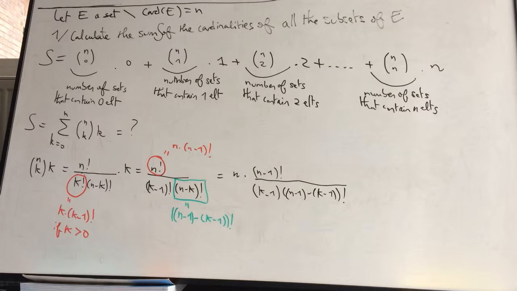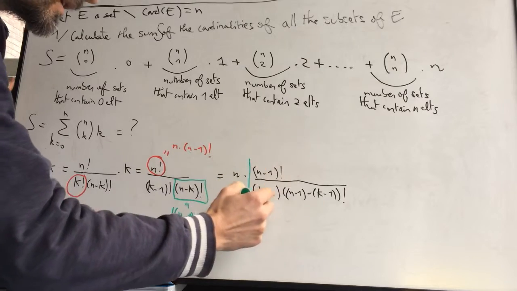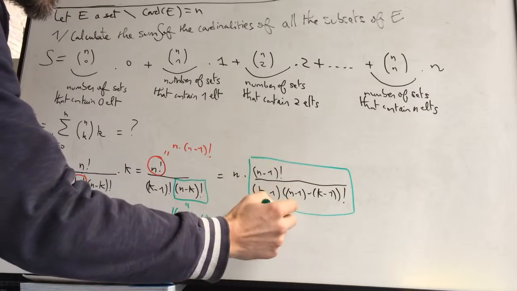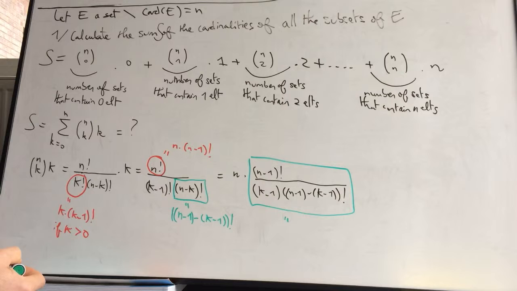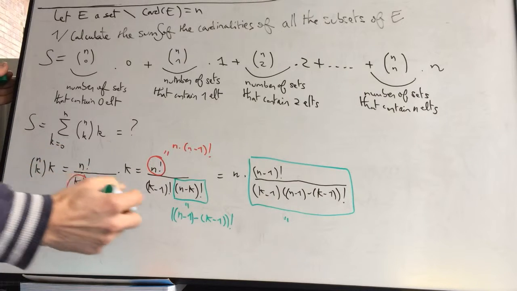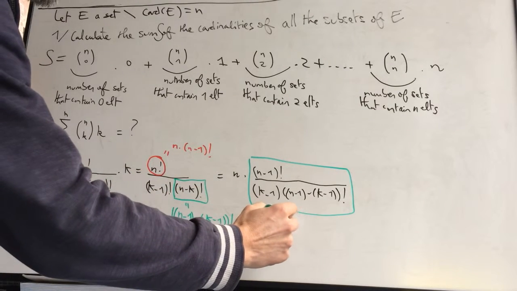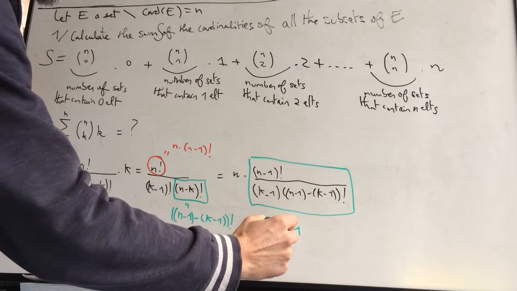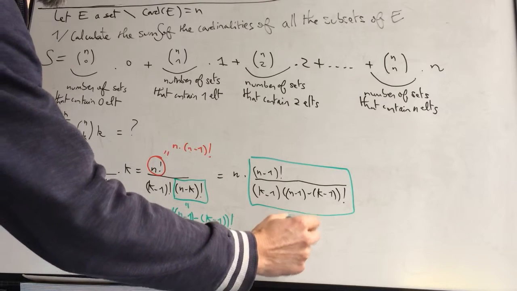And this is okay, because here we have a binomial coefficient which is n minus 1 choose k minus 1.